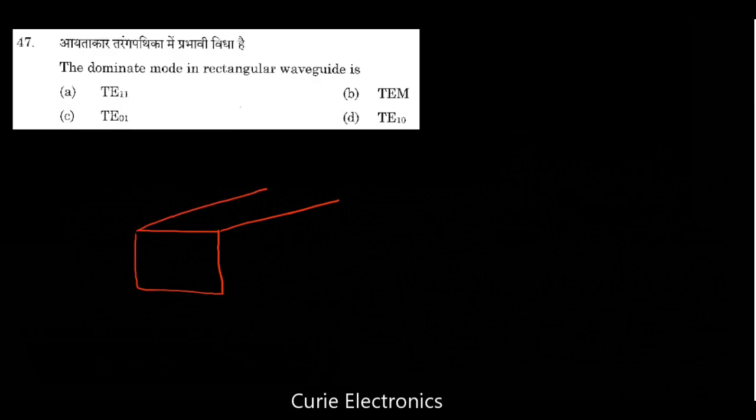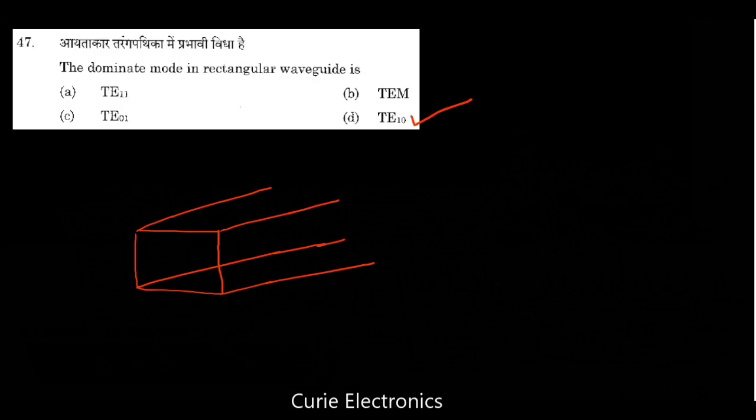It looks like pipes, okay? It's a rectangular waveguide, and in this rectangular waveguide, the TE10 mode, the transverse electric TE10 mode, is the dominant mode. The dominant mode means what?